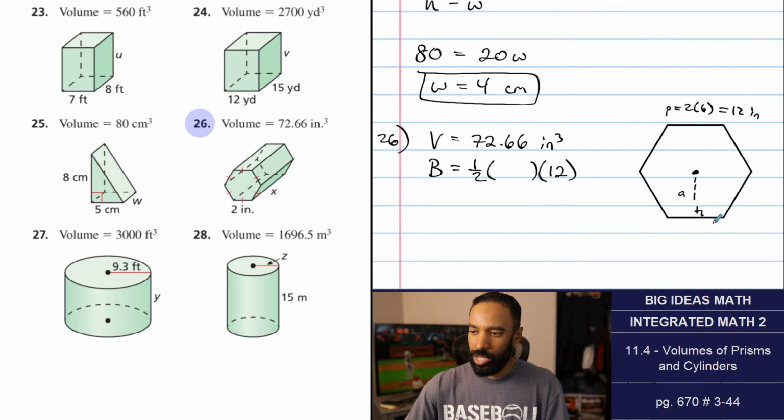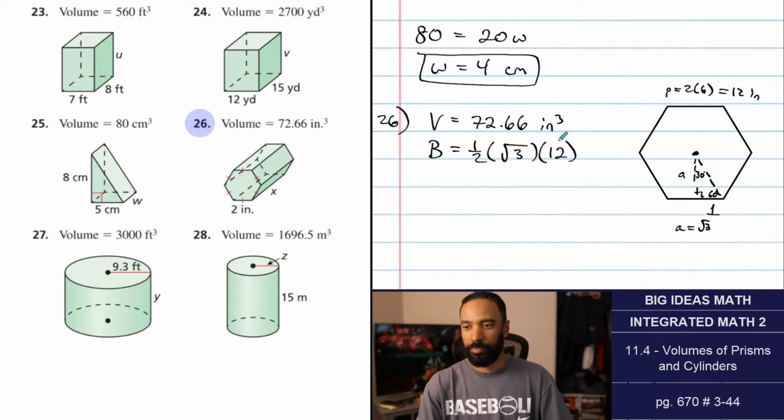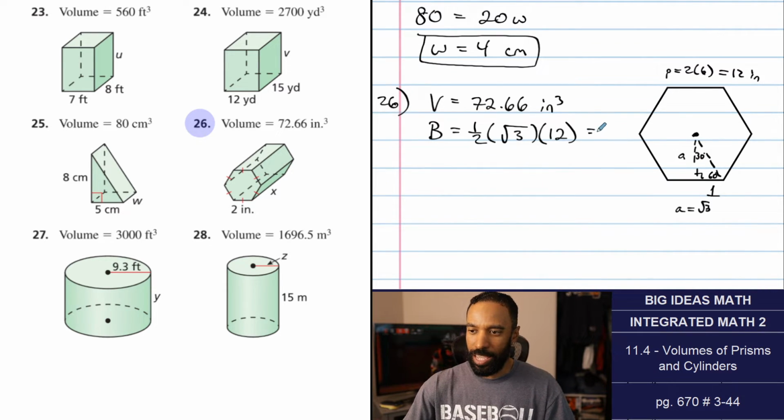The 2 inches is divided in half to get 1, and this is a 60-degree central angle from a hexagon, 360 over 6, divided by 2 is 30. This is a 30, 60, 90 triangle, which has a 1 to 2 to root 3 ratio relationship. A is literally root 3. It's 1 times root 3. So square root of 3 goes here. So area of base is 6 root 3 square inches.